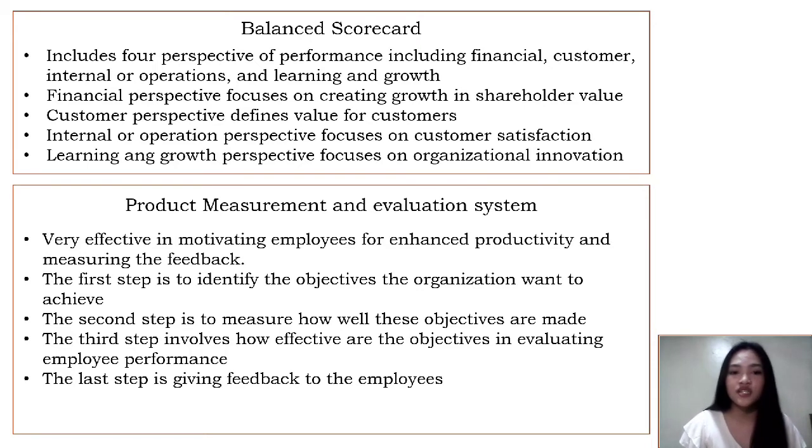The first one is to identify the objectives the organization wants to achieve. The second is to measure how well these objectives are met. The third step involves how effective the objectives are in evaluating employee performance. And the last one is giving feedback to the employees.